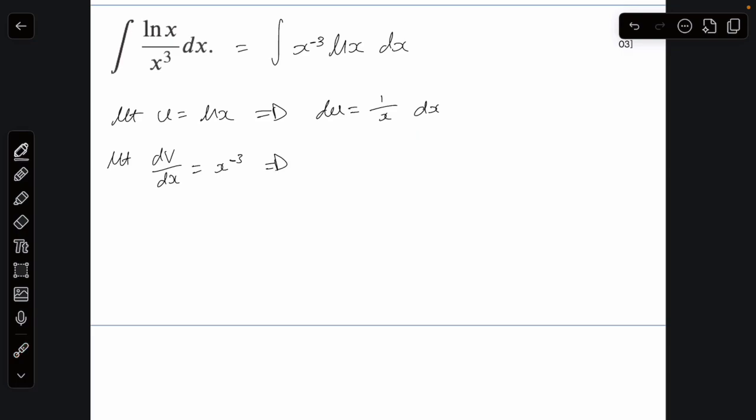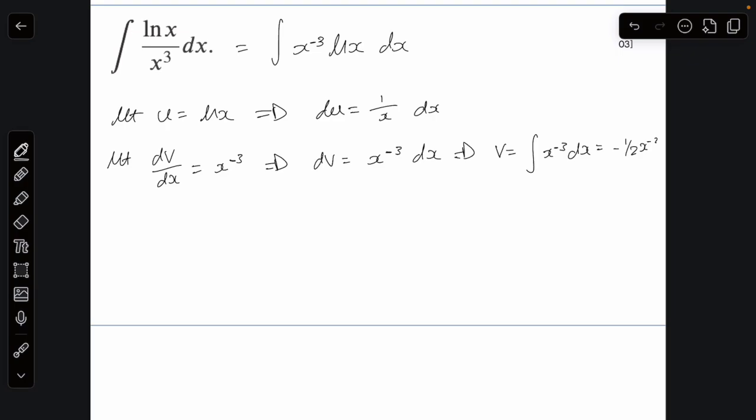And we can therefore say as well that dv is equal to x to the power of -3 dx, which means that v is going to be the integral of x to the power of negative 3 dx, which gives us negative a half x to the power of minus 2.